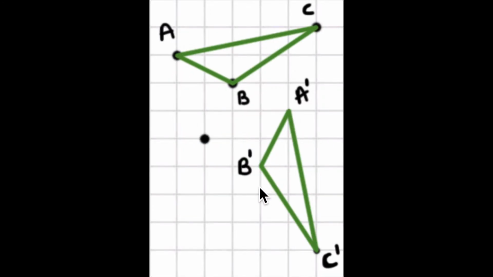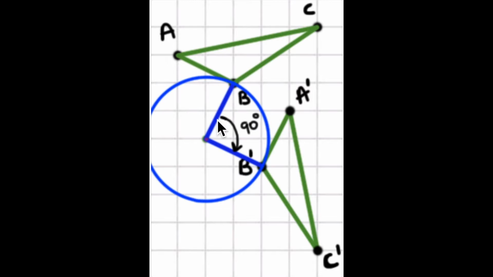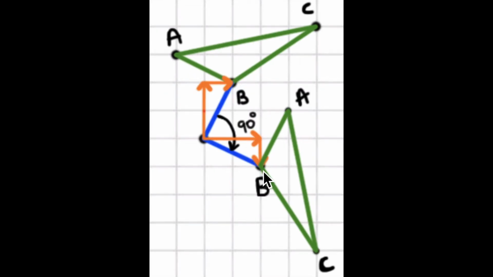If I do the same thing for B, here's B on its circle, and here's the A circle, and the B circle is a concentric circle with the center the same for both circles. If I rotate B around the center of rotation 90 degrees, it ends up here. Now I can use this counting strategy once again.